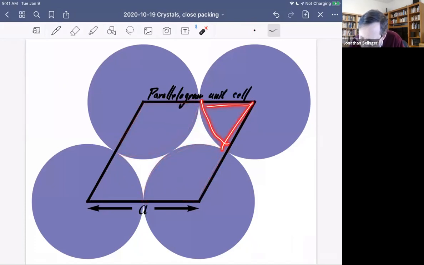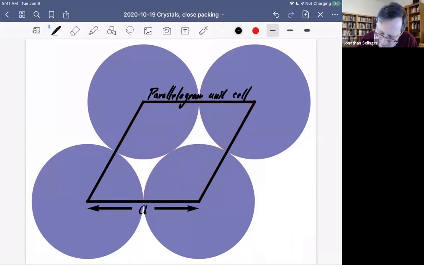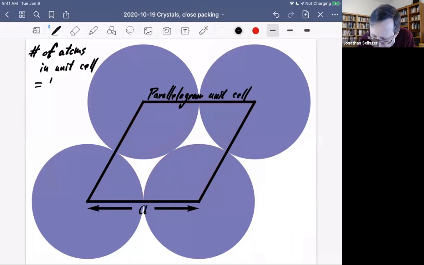Here is 1/6 of a pizza. Okay, so the number of atoms in the unit cell, that is 1/6 plus 1/3 plus 1/3 plus 1/6. Oh, that's just equal to 1. Okay, so this adds up to 1 total atom per unit cell.